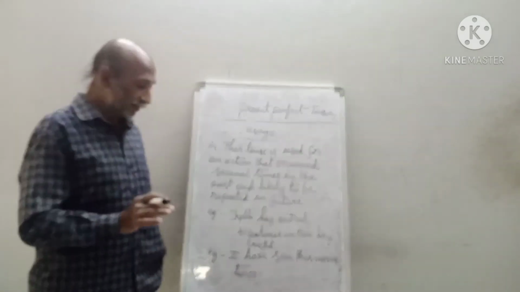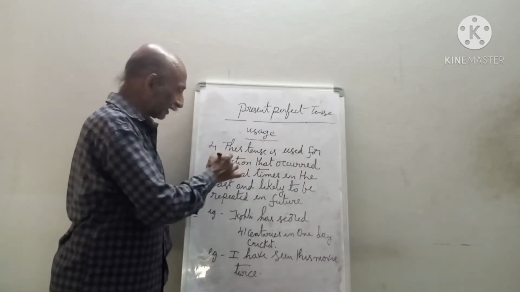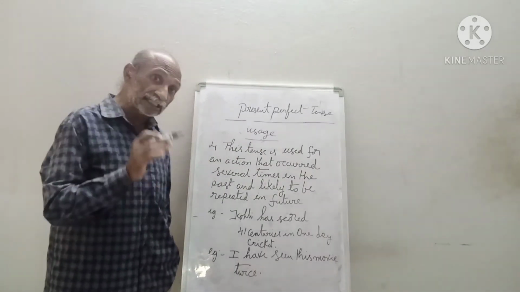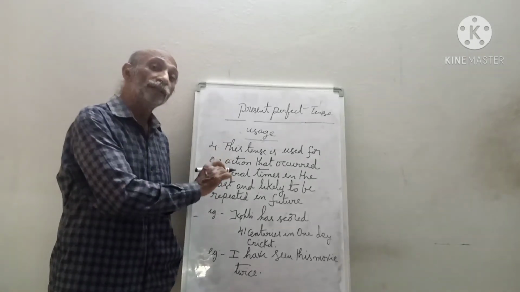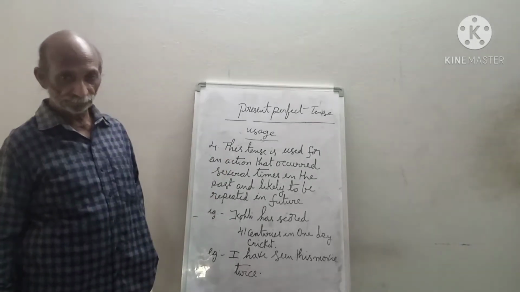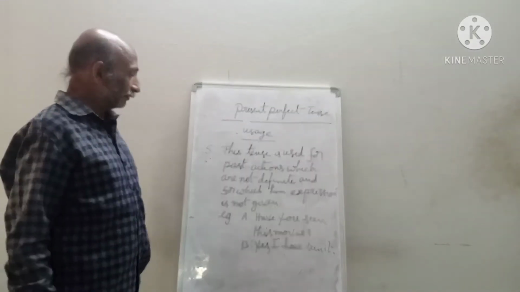So my dear viewers, this present perfect tense is used for an action that occurred several times in the past and likely to be repeated in future. Now, issue number 5.